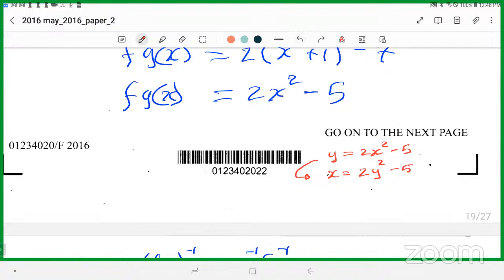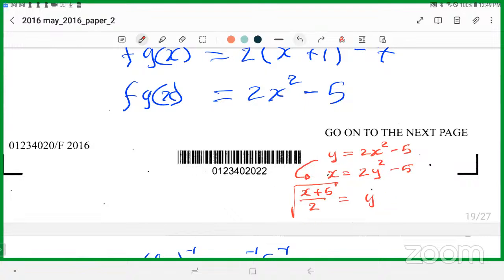So we'll get (x + 5) over 2 equals y squared. Then to get rid of this square, we'll square root both sides. I can take off this square and square root this side, and see, I'm getting the same thing.